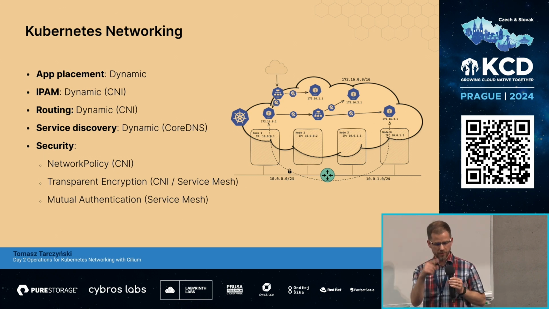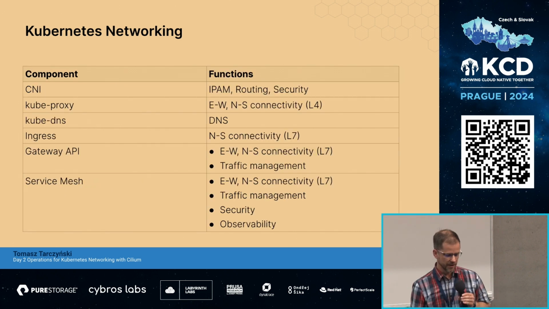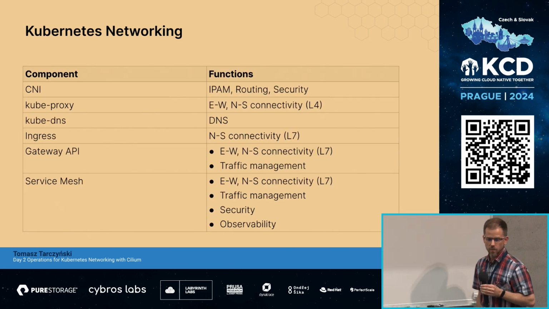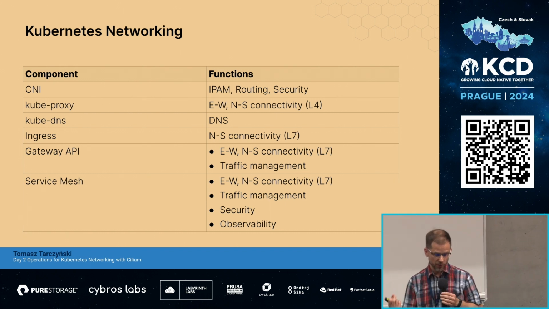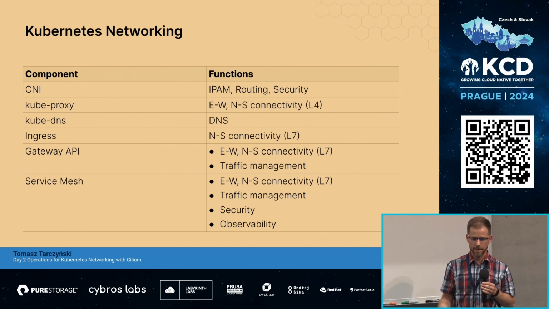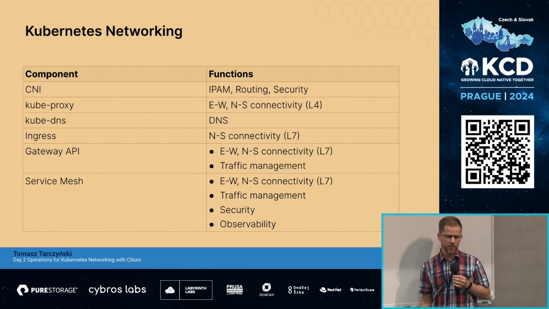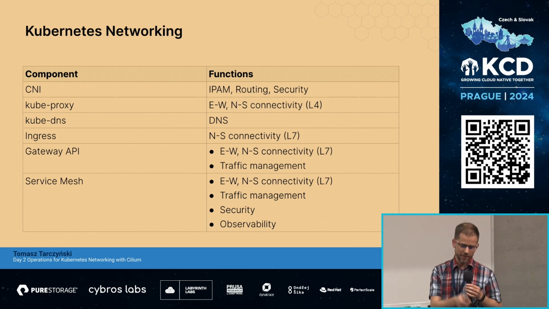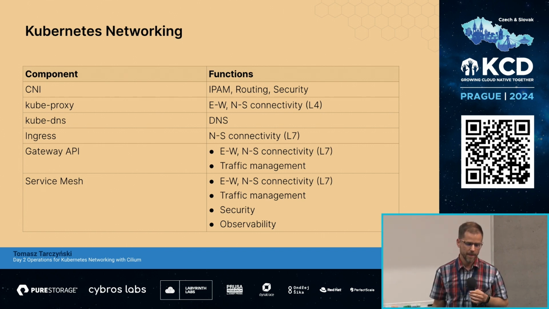I've also put where those things can be done in different components in our cluster. Let's see a summary of that. So we have different networking components in Kubernetes, and what their roles are, just those things that I've just talked about. So CNI would be responsible for IP address management, routing, and also security.